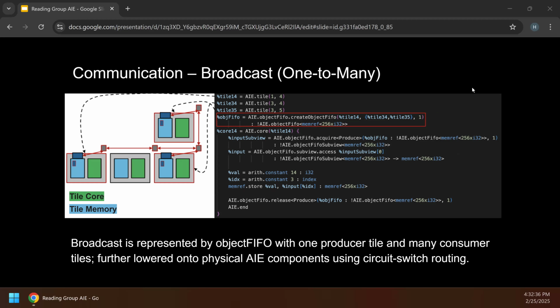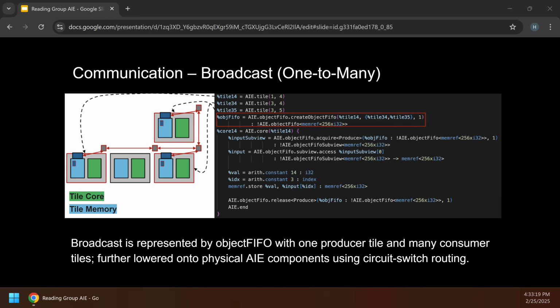This is also important because we have a very fixed set of routing resources, and we need to be very efficient in moving data to avoid any congestion. Here we put multiple consumer tiles inside the braces, and the rest is pretty similar to the previous example. That's all because of the abstractions of the object FIFO. So, Alex, go ahead.